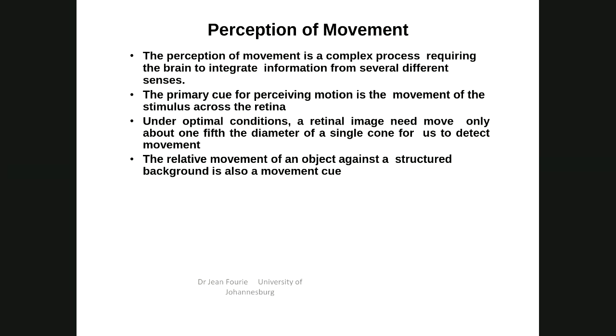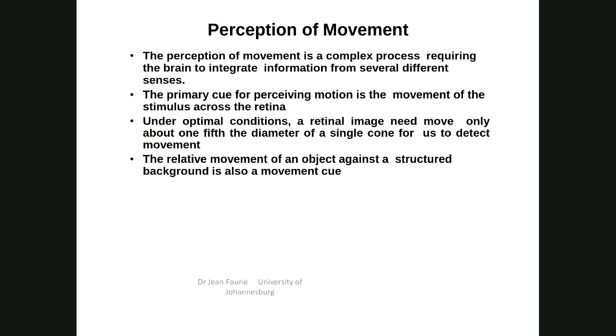All the different information coming in from the retina goes into the cortex, and the brain is getting information at different stages. If something is moving across the retina, the different little cones will be activated as that object moves across the retina.